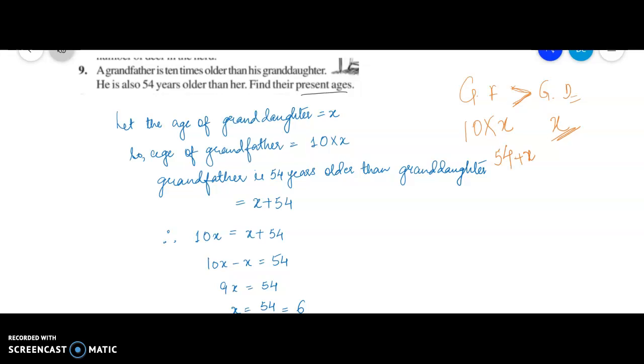So now see, this and this are equal because what happened is grandfather's age has been compared with the granddaughter's age. So we have 10 into x as one expression, and 54 plus x as another expression. So we can equate these two since they both are grandfather's age.